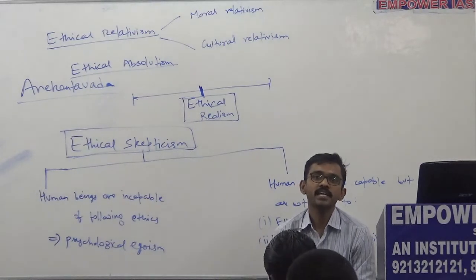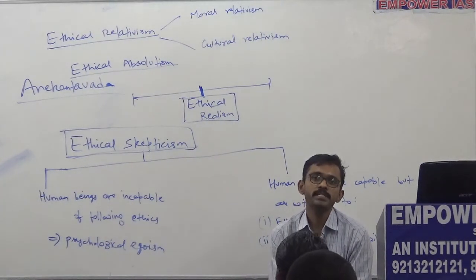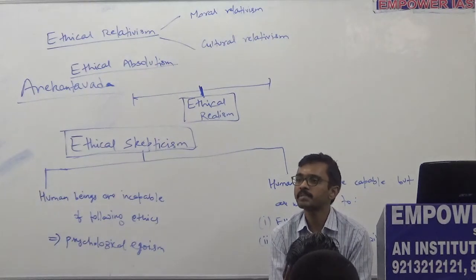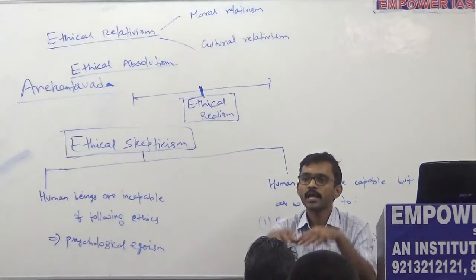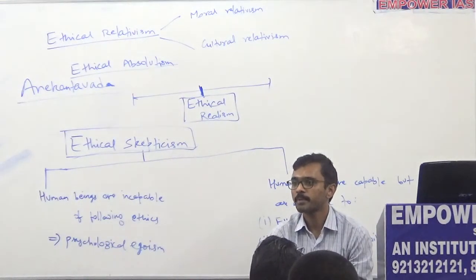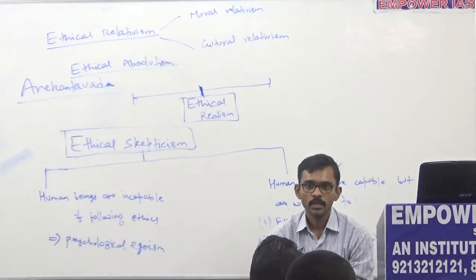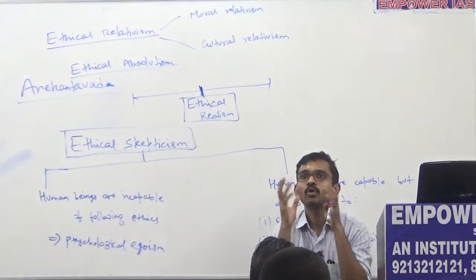Everything is predetermined. Are you understanding? Human beings are not autonomous agents, and whatever they are doing is because of the instructions of a higher entity, a higher power. So I am doing a particular action because I have been instructed by God to do it.